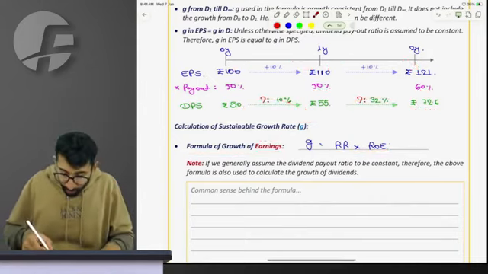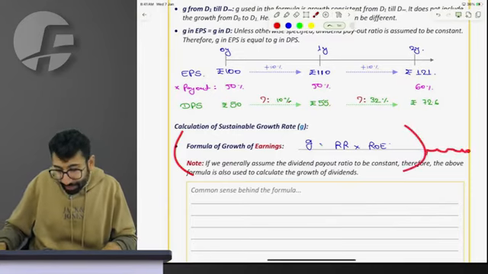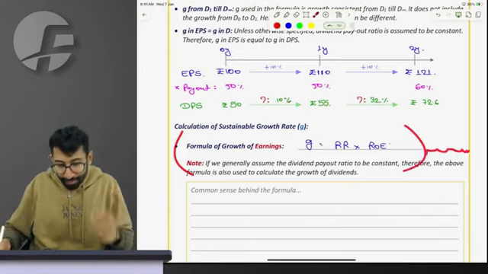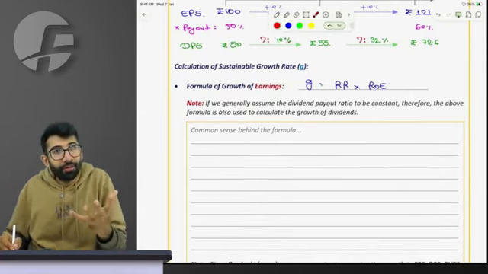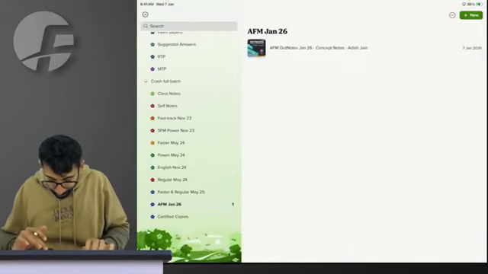Second, do you people know the underlying derivation of it or the underlying common sense? Do you know the underlying logic? Let me explain that logic to you.